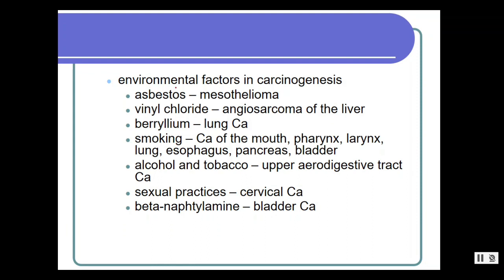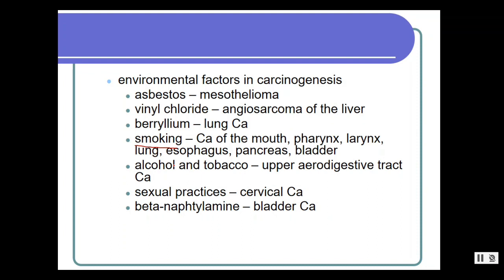Now, there are also environmental factors that can cause cancer, like asbestos in the environment can lead to mesothelioma, a lung cancer. Vinyl chloride can cause cancer of the liver, angiosarcoma of the liver. Beryllium, another lung cancer. Smoking can cause cancer of the mouth, the pharynx, the larynx, the lungs, the esophagus, the pancreas, and the bladder. So it's a very wide range, the effect of smoking.